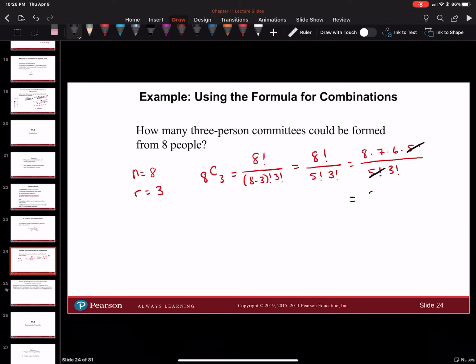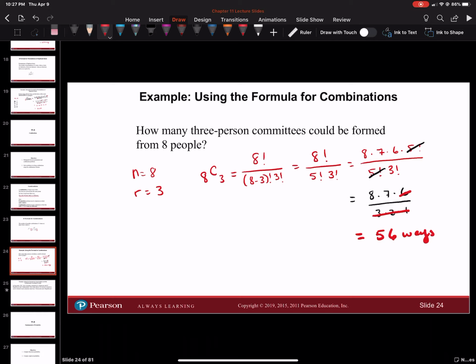So I have 8 times 7 times 6. Now 3 factorial is 3 times 2 times 1, which is 6. So I can cross some stuff out. So therefore it's 8 times 7, which is 56 different ways.